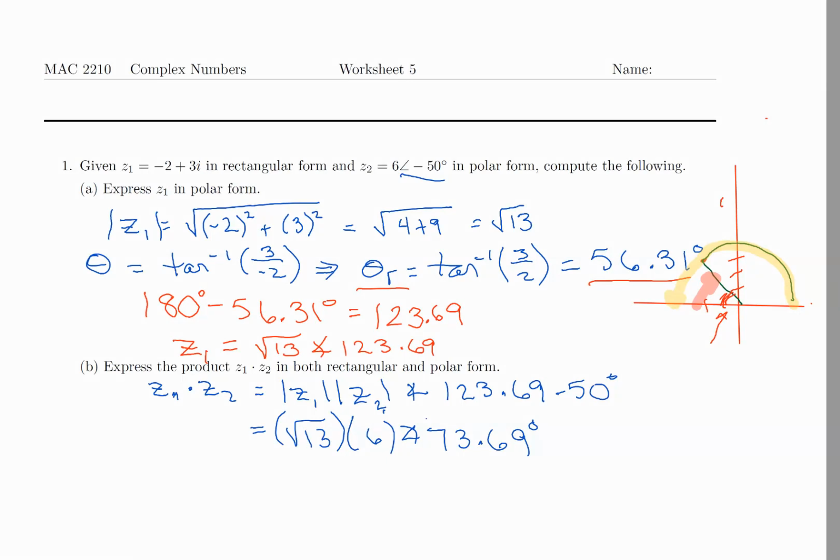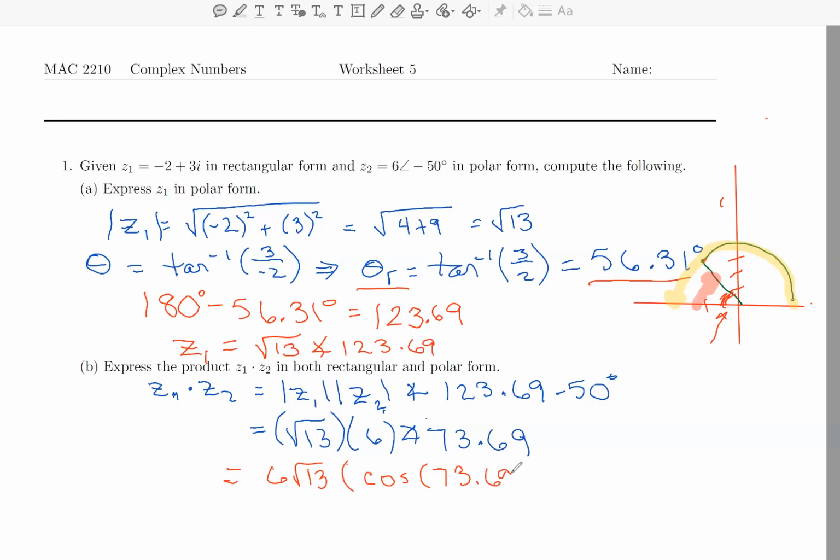Now, I want to put this in rectangular. So I would say 6 times the square root of 13 times the cosine of 73.69 plus i sine of 73.69, which is equal to 6 times the square root of 13, and the cosine of 73.69 is 0.28 plus 0.96i.